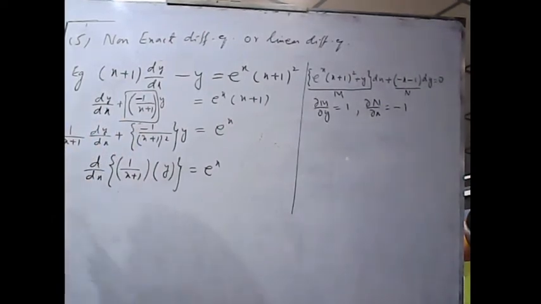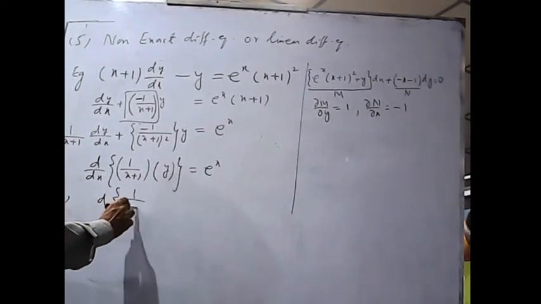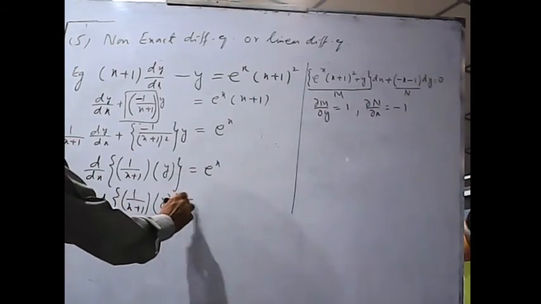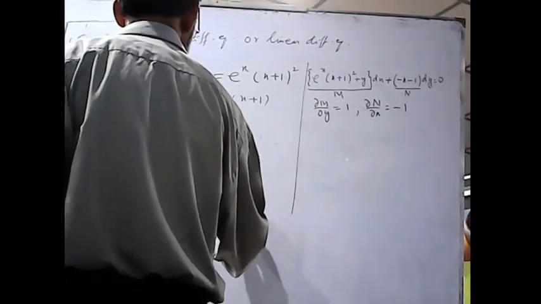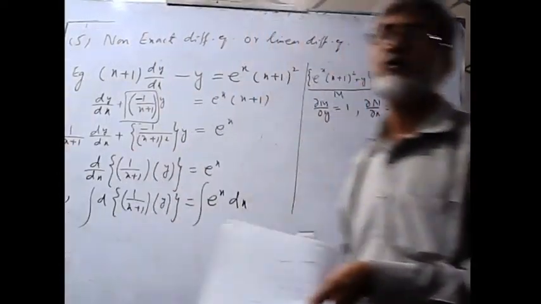Now the separable variable form: differential of x plus 1 multiplied by y, dx, is the separable variable form.